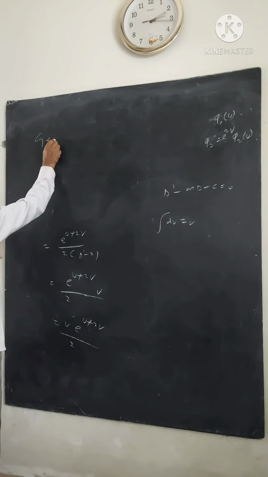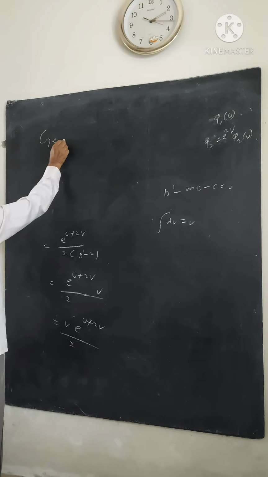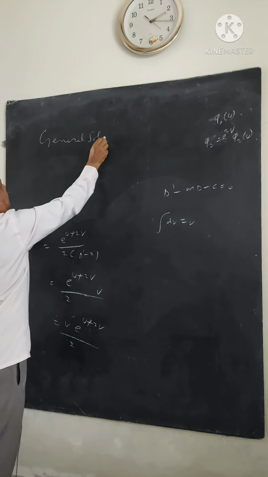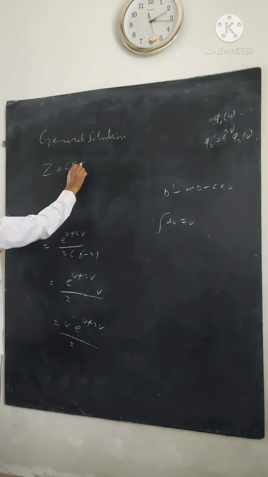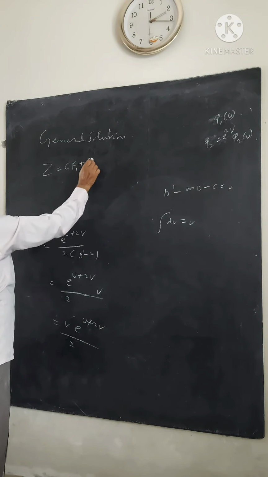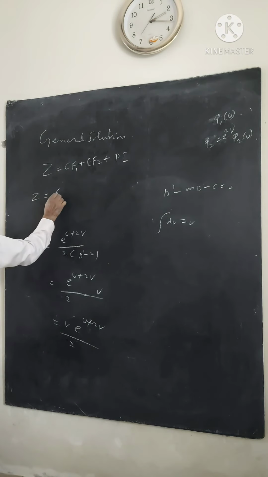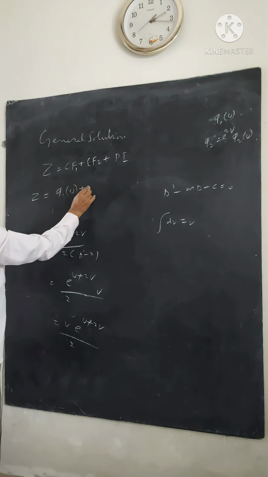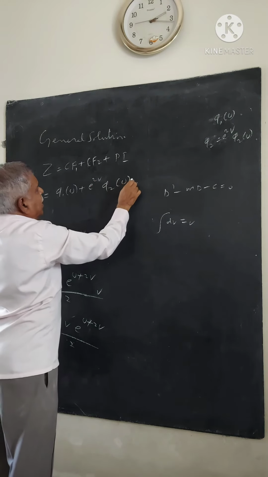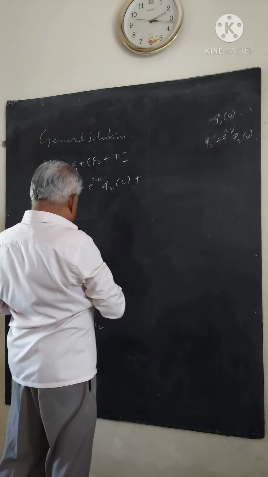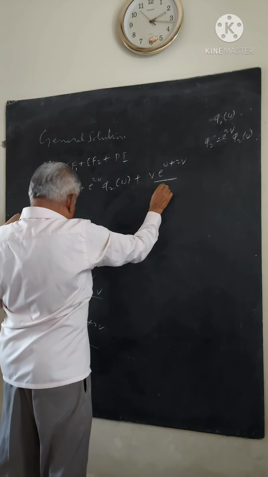General solution. Z equal to CF plus PI, that is CF1 plus CF2 plus PI. CF1 is phi 1 of u plus e power 2v phi 2 of u plus PI is v e power u plus 2v by 2.